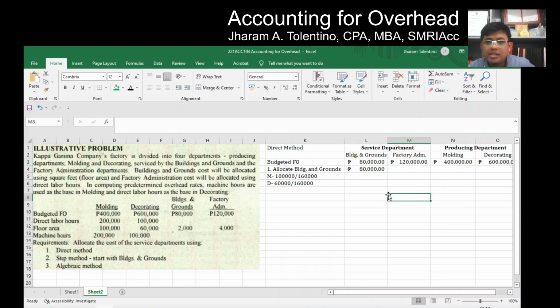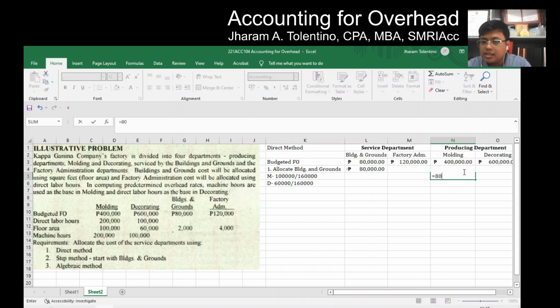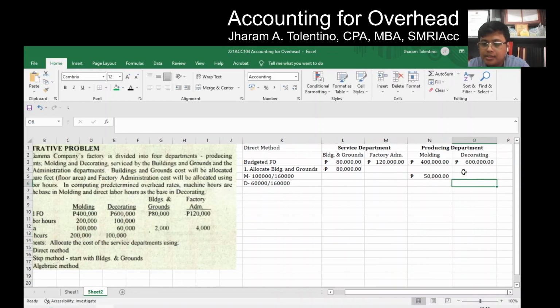So, kung yan ay minus 80,000, paano natin siya i-allocate? That's 100 over 160. So, kung ano yung minus mo, i-add mo siya dito. Ibig sabihin yun yung charging natin. So, this one is 80,000 times 100 over 160. Yun lang. So, this is 50,000. This one is 80,000 times 60 over 160. 30. Yan lang.